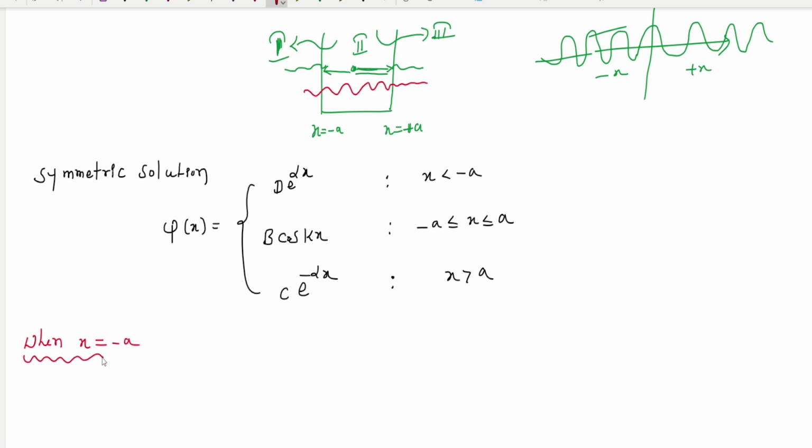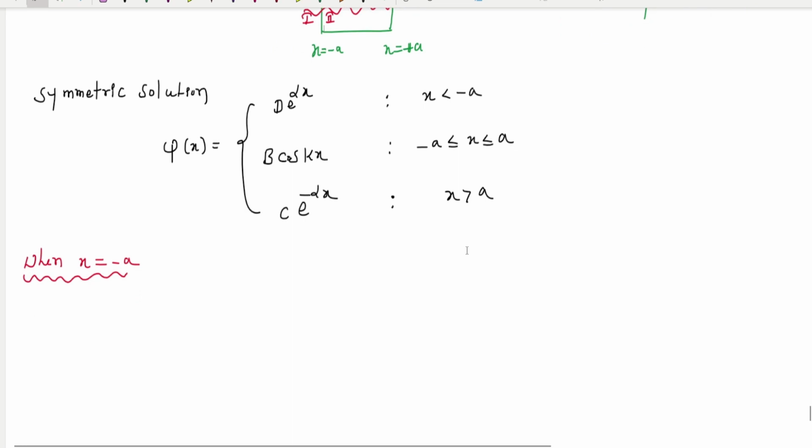When x equals minus a, the region 1 solution and the region 2 solution are equal, because the wave function is continuous at the boundaries. Therefore, I am going to write the equation like this: d e power alpha x equal to b cos kx.